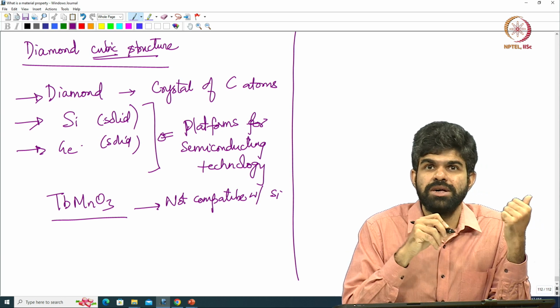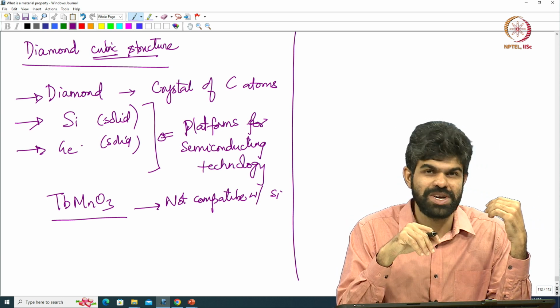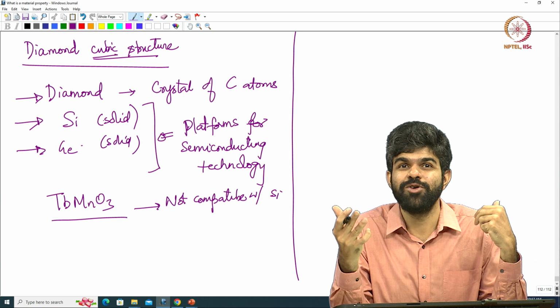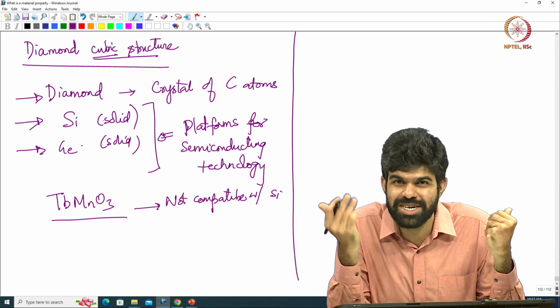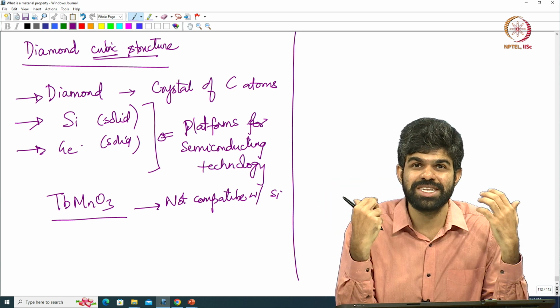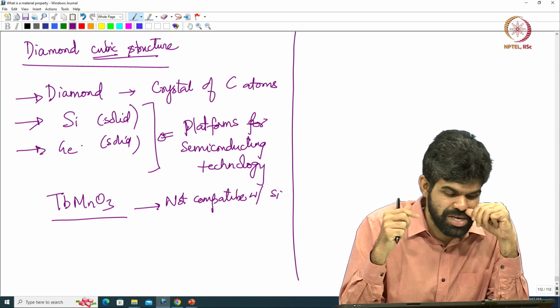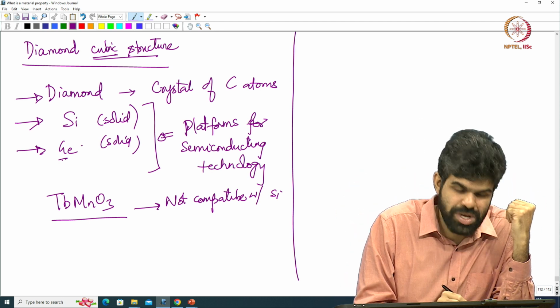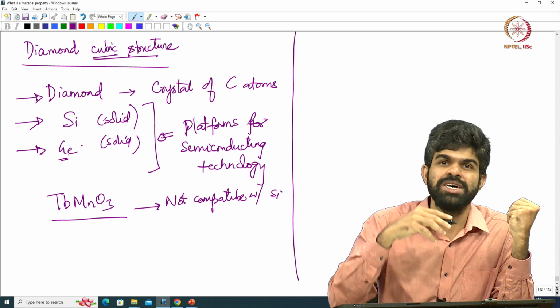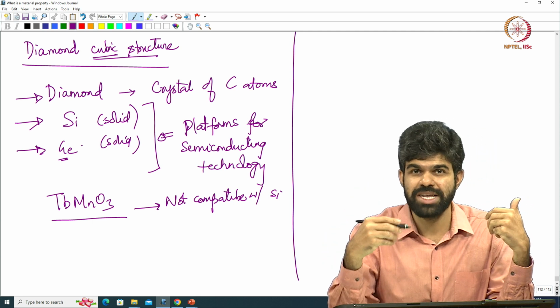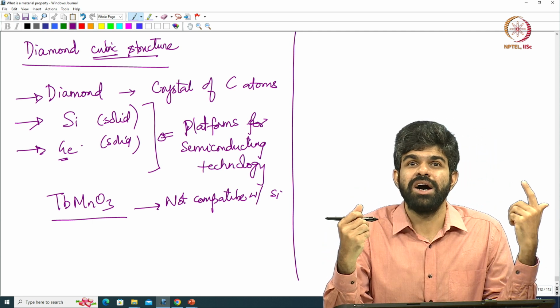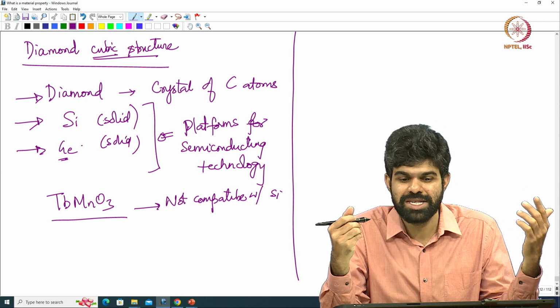So it's important to actually understand what the crystal structure of silicon is, especially if we are interested in semiconducting technology. Germanium also crystallizes in exactly the same structure as silicon. Diamond and all these structures are called diamond cubic structures, because diamond has that structure.